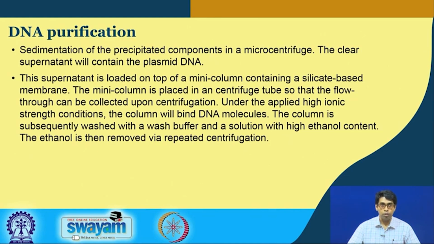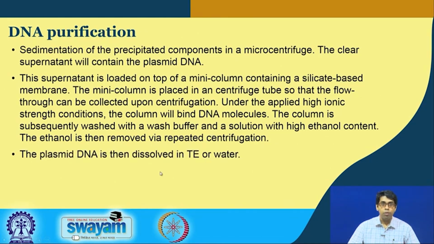So, it is important to remove any of these contaminants from the plasmid DNA, and that is done very efficiently by washing the silica column using wash buffers and then eluting it out using water or TE buffer. So, TE buffer is nothing but Tris EDTA buffer, which is at pH 8.